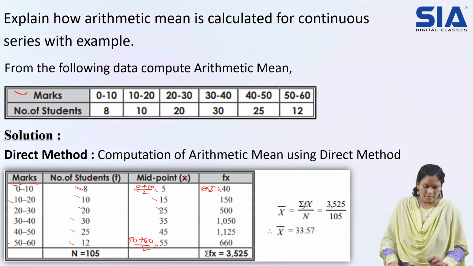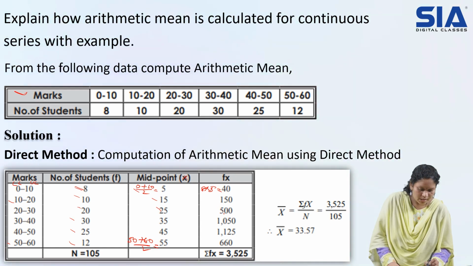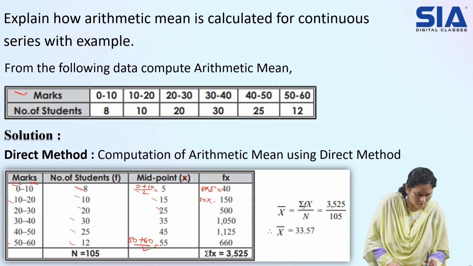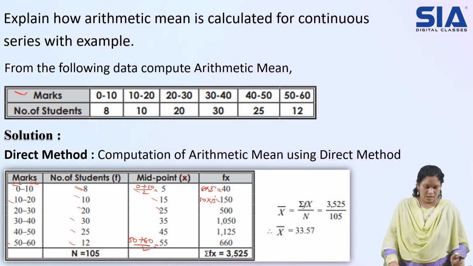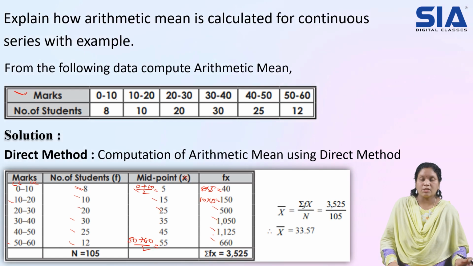Next, 10 into 15, you'll get 150. Like the next value, 20 into 25, you'll get 500. In that way, multiply and get all the values of the Fx column.